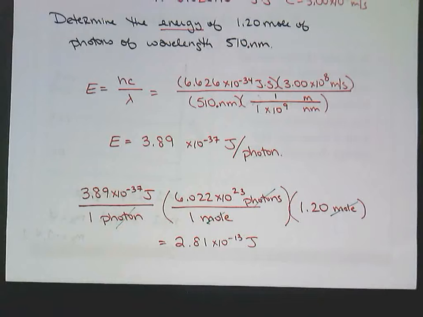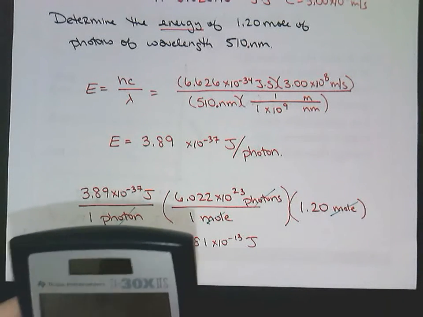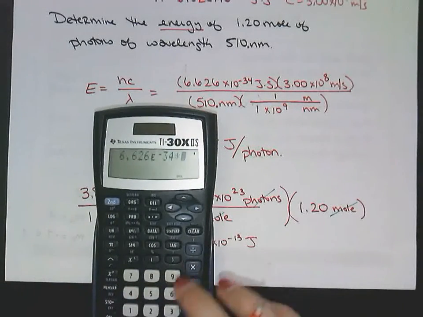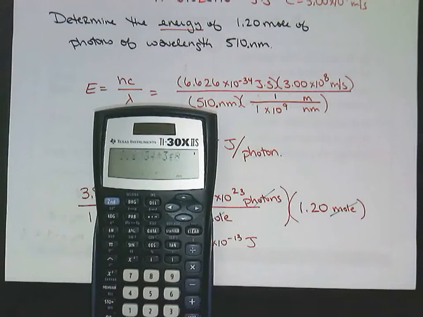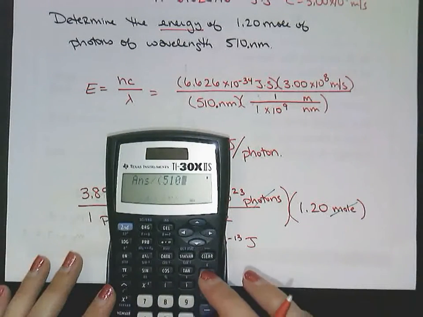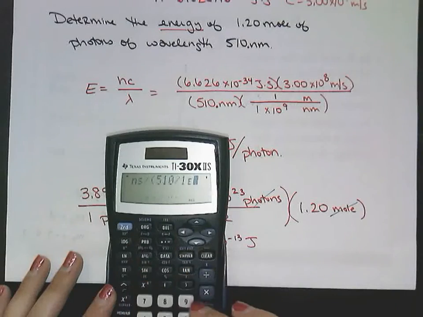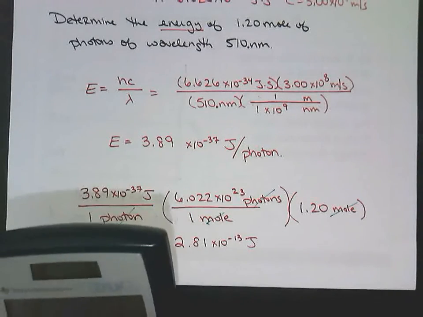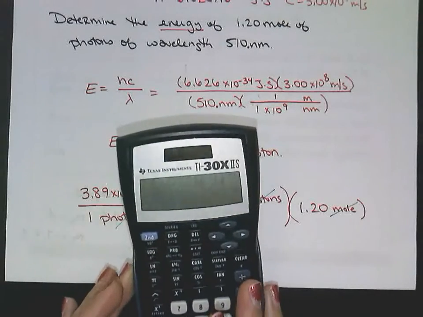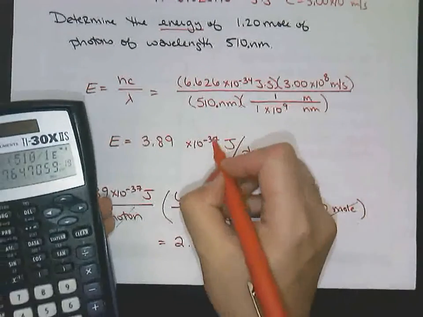I got negative 37. 6.626 times 10 to the negative 34. Yep. You can't see it. I typed it in wrong. Negative 19. That makes more sense.